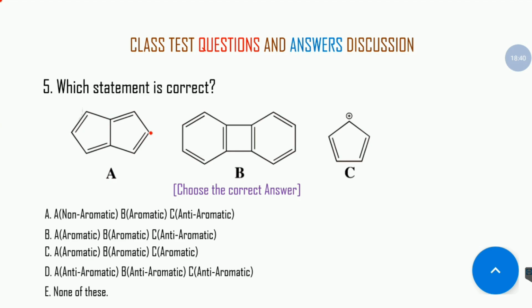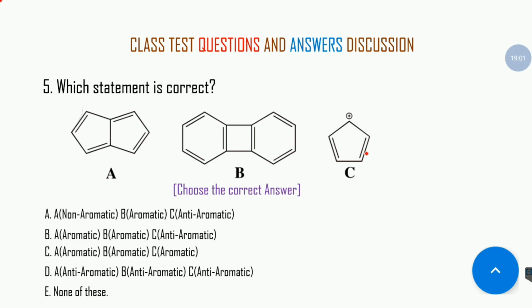Next is option B. There are 1, 2, 3, 4, 5, 6, 6 pi bonds, that means a total of 12 pi electrons. And here is option C. Here is 1 and 2, 2 pi bonds, so that means 4 pi electrons.